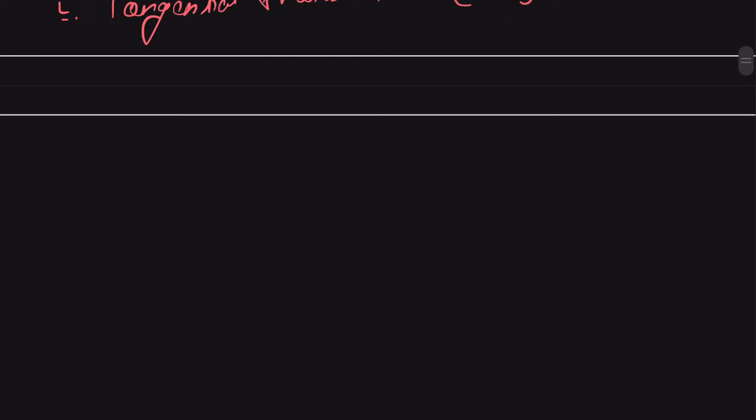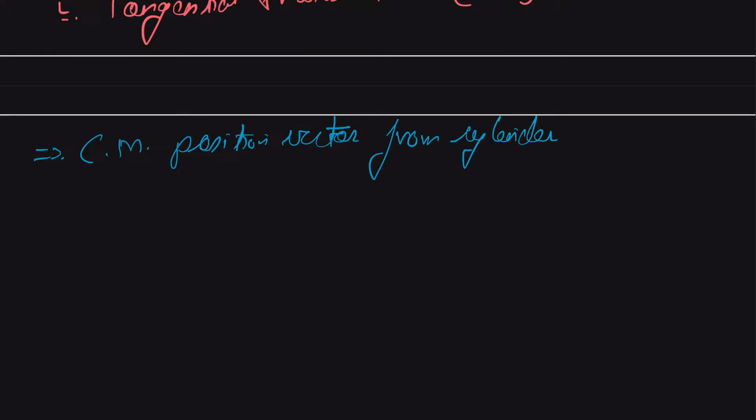Now we can write the equation for its position vector. So we can say the center of mass position vector from the cylinder center. Everything we have to calculate with respect to the cylinder center, because in the question it is asked that we find the answer with respect to r, the radius of the cylinder.